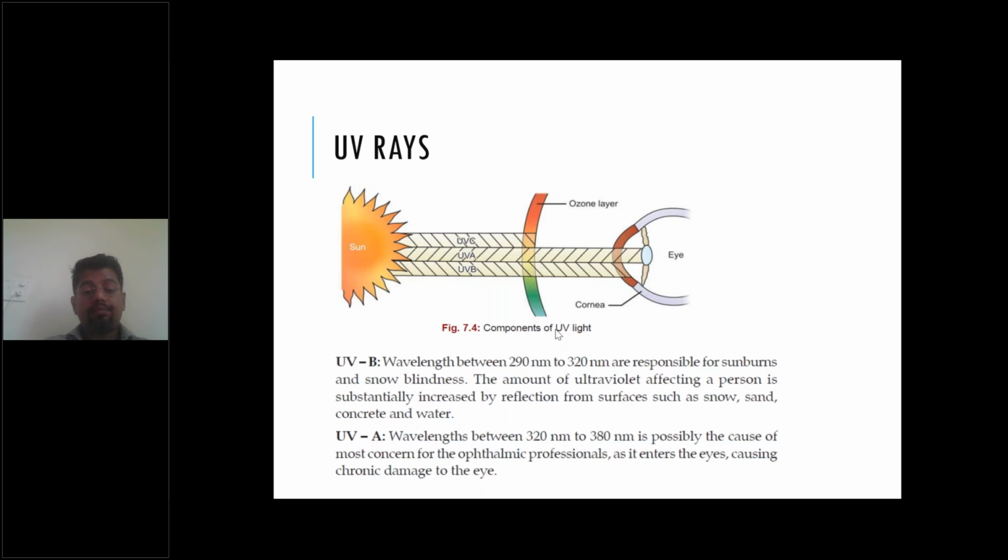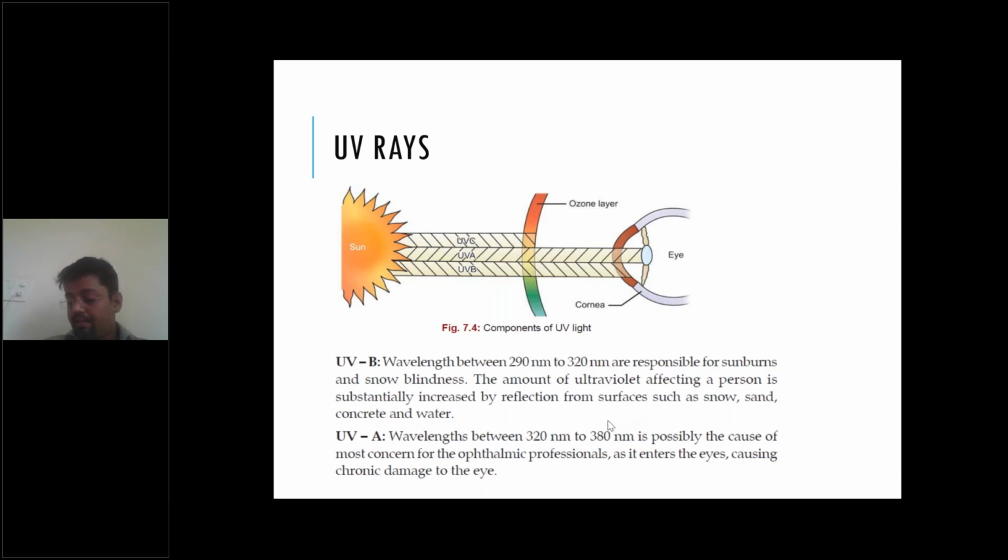So wavelength, you might have already read this here. I haven't included anything about UVC, but UVB is between 290 to 320 nanometers, which is responsible for sunburn and snow blindness. Mostly, the amount of ultraviolet affecting a person is substantially increased by reflection from surfaces such as snow, sand, concrete, and water.